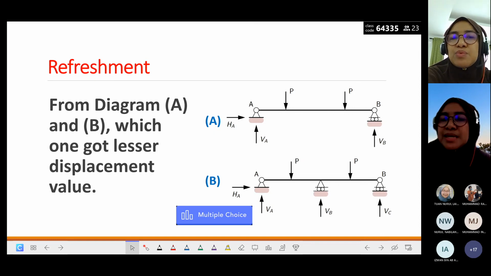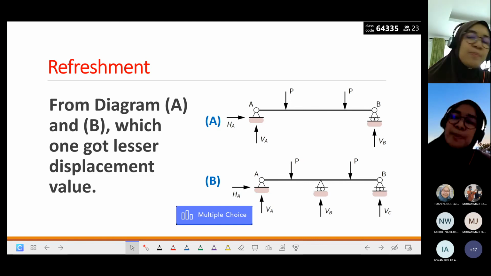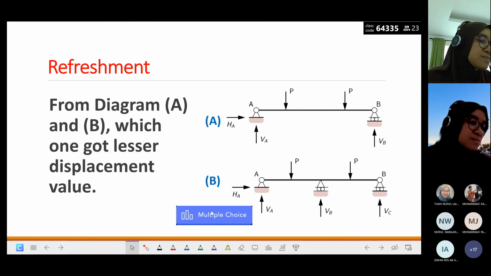The difference between these two diagrams is due to the support. It means that in an indeterminate structure we have the structure with more support conditions. So from the diagram, which one has lesser displacement? Please respond.